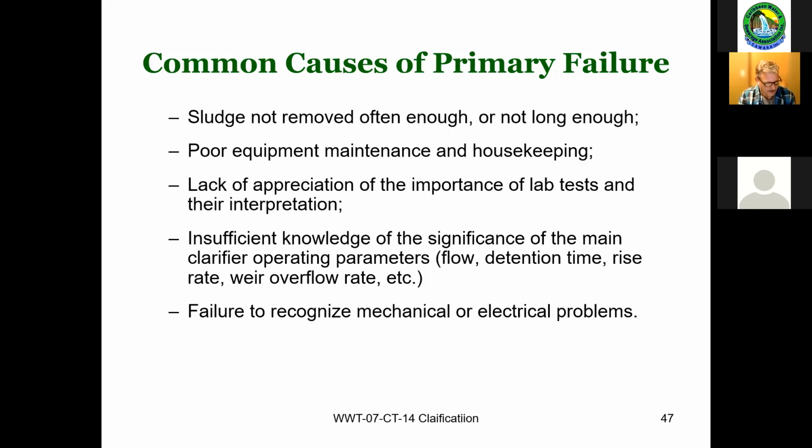So any questions on primary clarification? There will be definitely quite a few questions related to primaries on your exams.